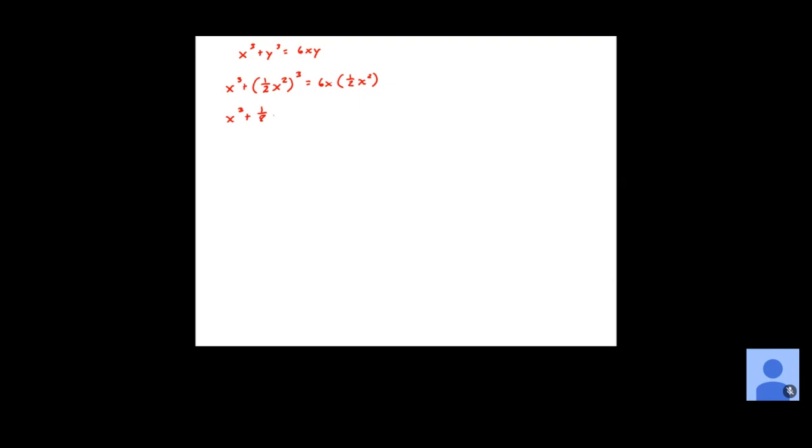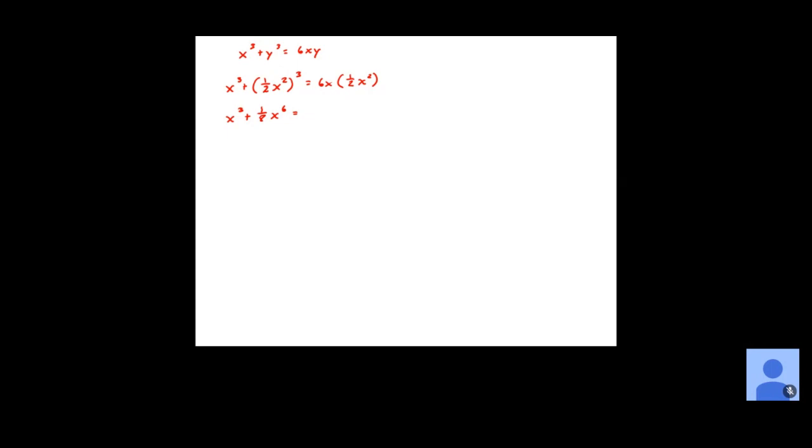And what is x squared cubed? Okay, so remember, when you raise a power to a power, we're actually going to do what with those exponents? X to the 6th, right? We multiply those together, so we're going to get x to the 6th power.